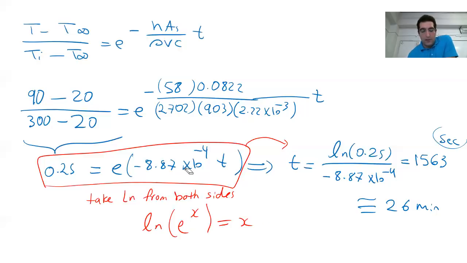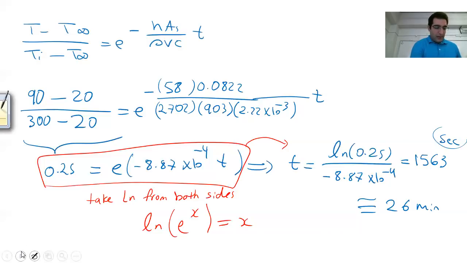Ln of e to the power of this becomes whatever we had inside, so the rest of it was easy. And this is the power. So this is the example. I have another example. What I'm going to do, I'm going to scan it and email it to everyone.